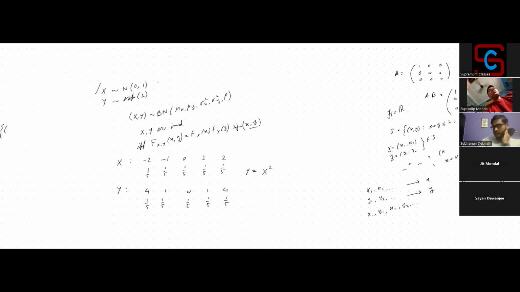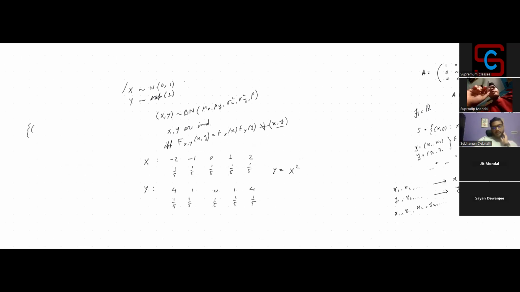Exponential? No, never. You have to square that, remember. Two.